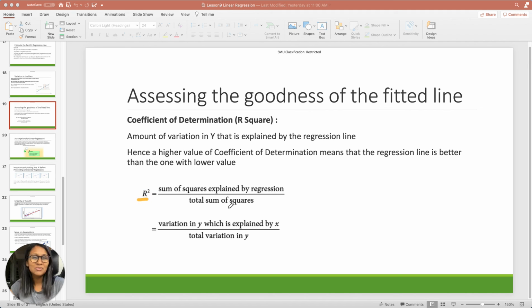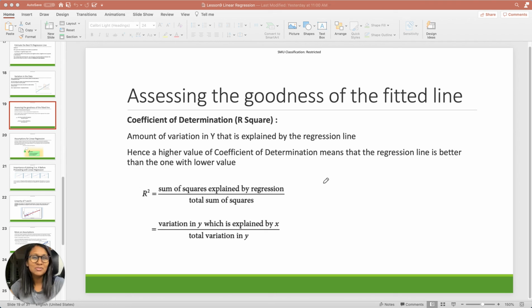In terms of statistical formulae, this is how we represent it. R square is the sum of squares explained by regression divided by the total sum of squares. The total sum of squares, which we often represent as TSS, is the total variation in y. And we are able to split that total variation into two parts.